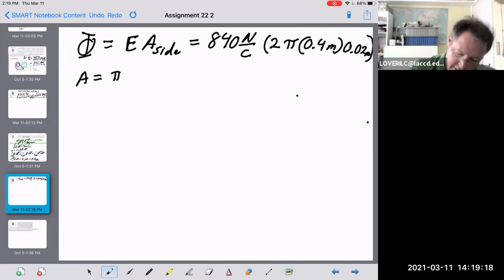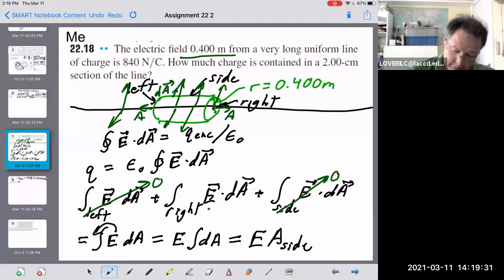Area is 2 pi r L. You might say, I thought the area was pi r squared. That's the area of the end caps. The end caps have an area of pi r squared. But they don't really matter because the electric field was parallel to those surfaces, not normal to them. It wasn't parallel to the area vector.